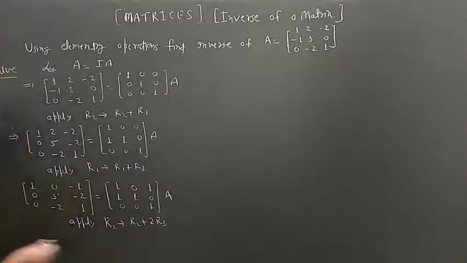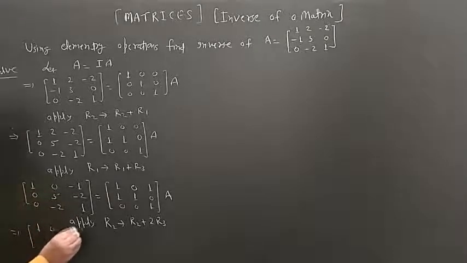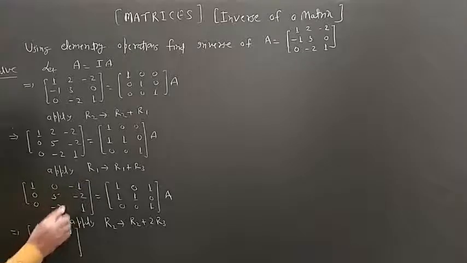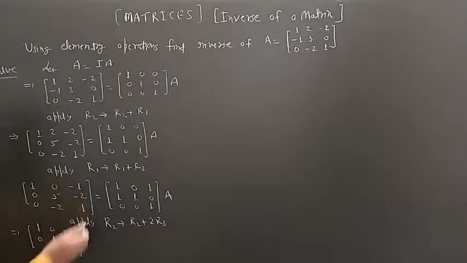So when we apply this operation, we have 1 0 minus 1, there is no change. 1 0 minus 1. Here R2 plus 2R3, so 0 0 becomes 0. 5 4 become 1 minus 2 2, this become 0, and there is no change in third row, so 0 minus 2 1.